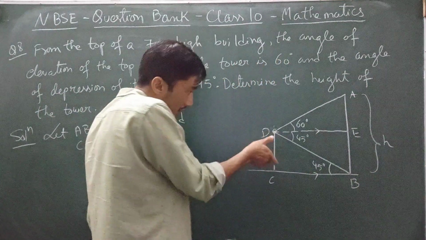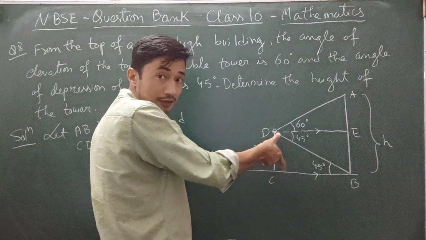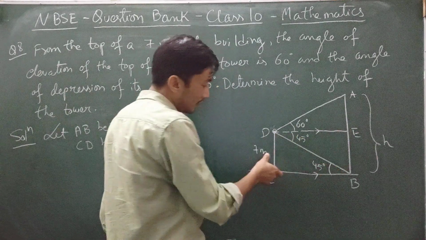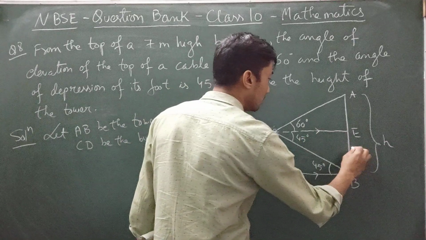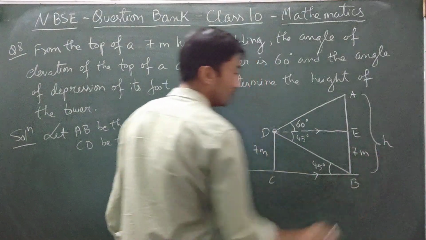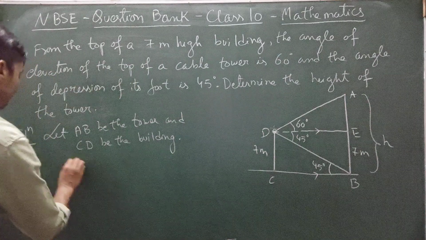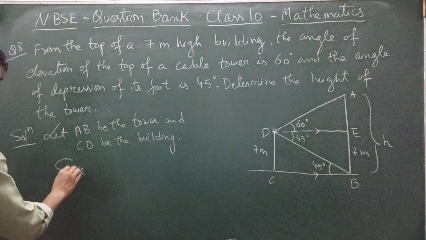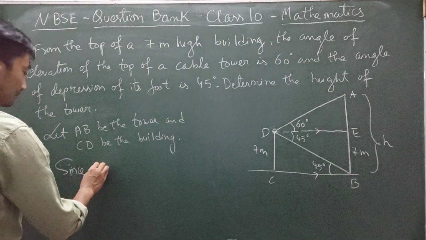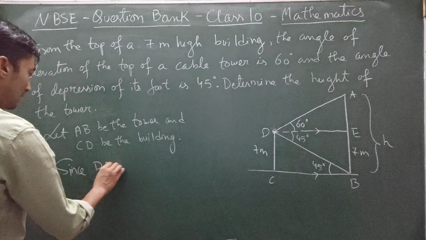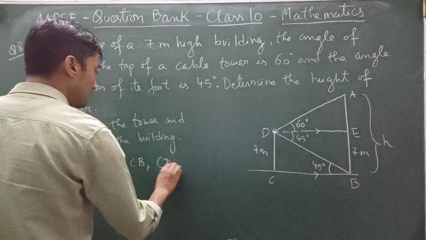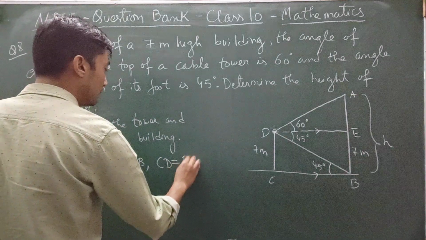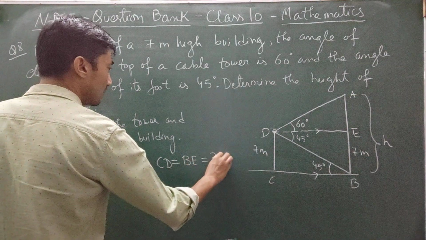Since these two are parallel lines, if CD is 7, exactly BE also will definitely be 7 meter. If you wish, you can write: since DE is parallel to CB, CD will be equal to BE, that will also be 7 meter.